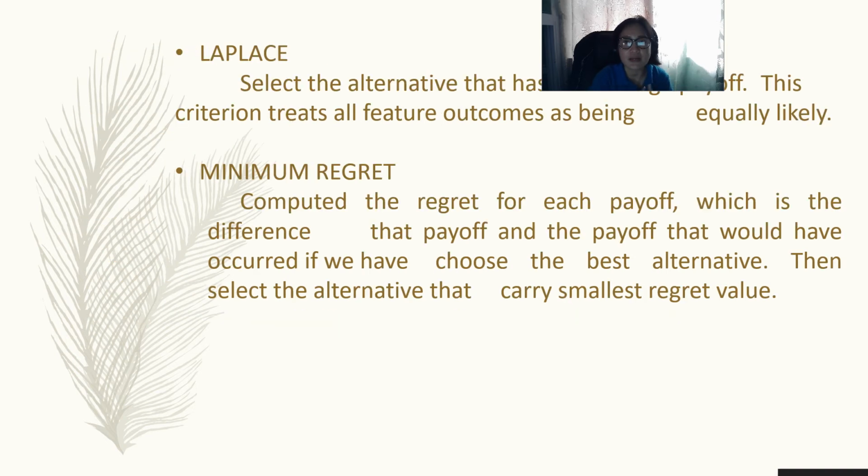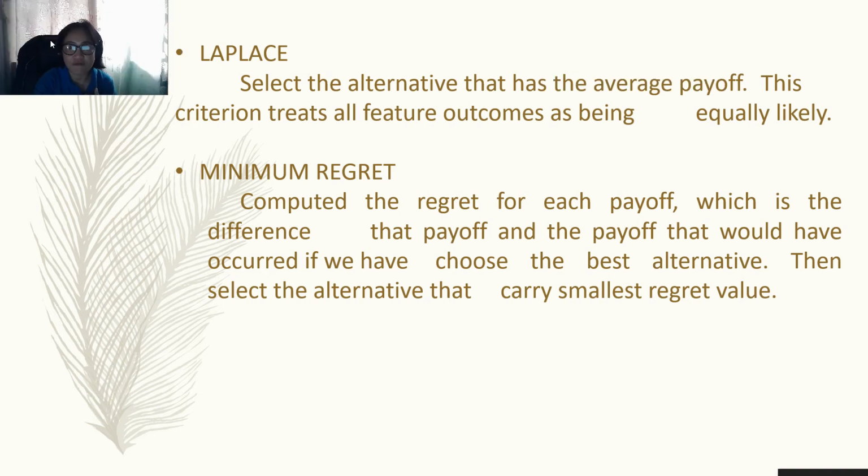And then we also have the Laplace. Select the alternative that has the average payoff. This criterion treats all future outcomes as being equally likely. So Laplace will be considered the most conservative, meaning you are in between. Between the maximax and the maximin, you have to meet halfway.